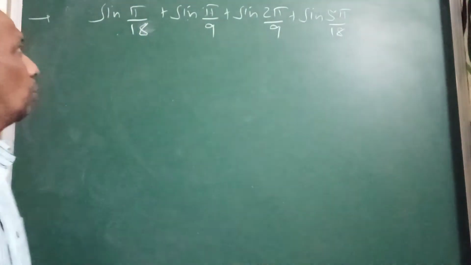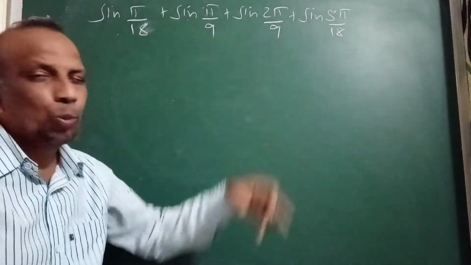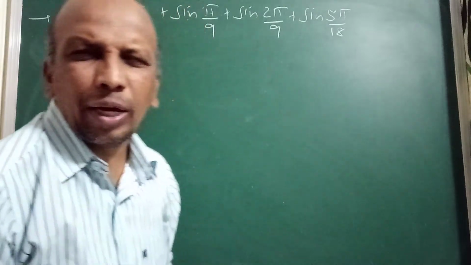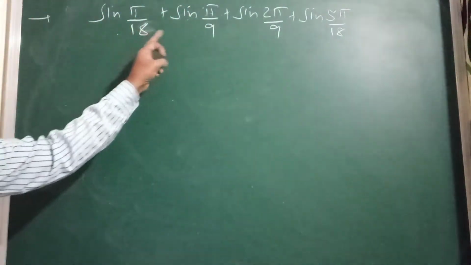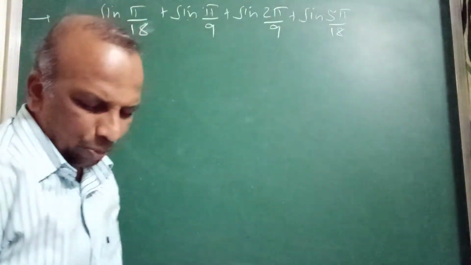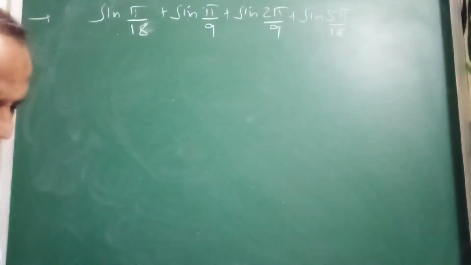Now you can see this is the problem: pi by 18, pi by 9, 2 pi by 9, 5 pi by 18. So this is the given problem, right? Sin pi by 18, pi by 9, 2 pi by 9 plus sin 5 pi by 18. So this value they are asking.